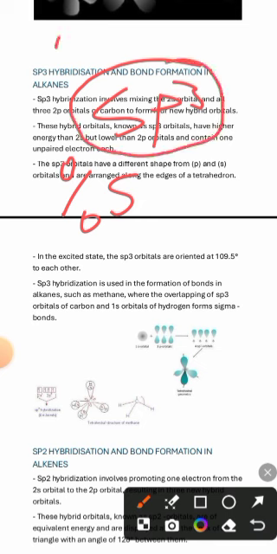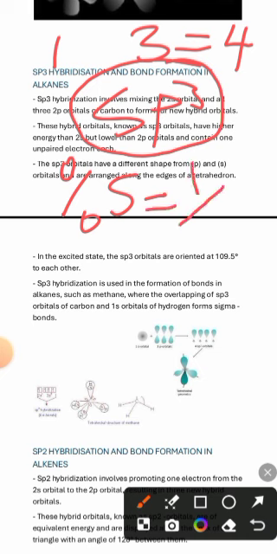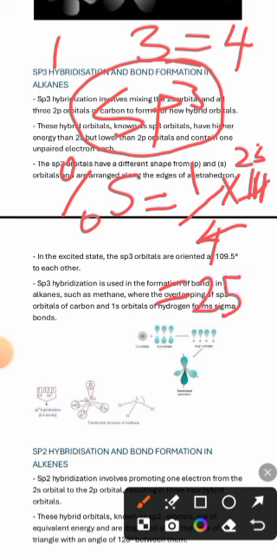We have only one S and three P, with a total of 4 orbitals combining to form this single sp3 orbital. So to look for the percentage S character, we take one S over the total number of orbitals in this sp3, which is 4, times 100. Dividing 100 by 4, we get 25. Therefore we have 25% S character.